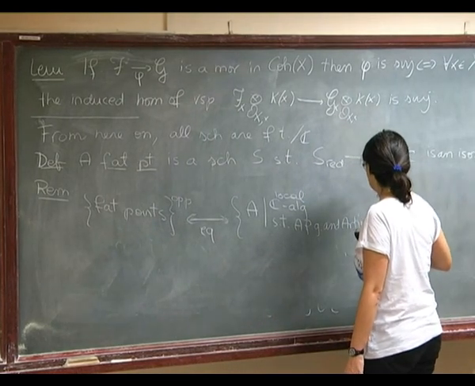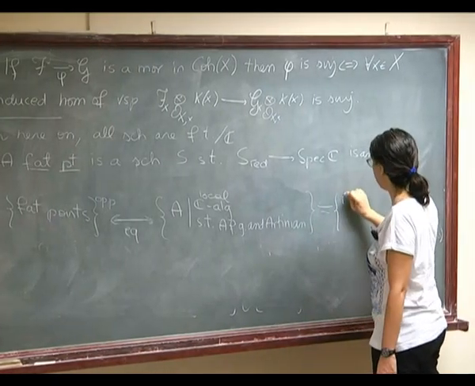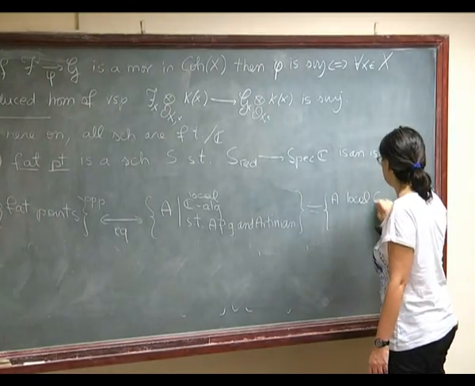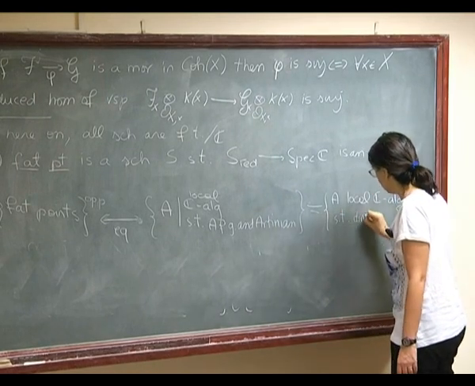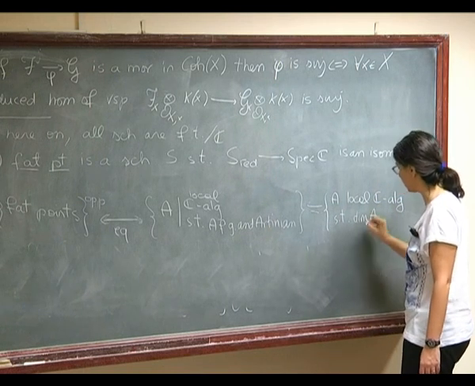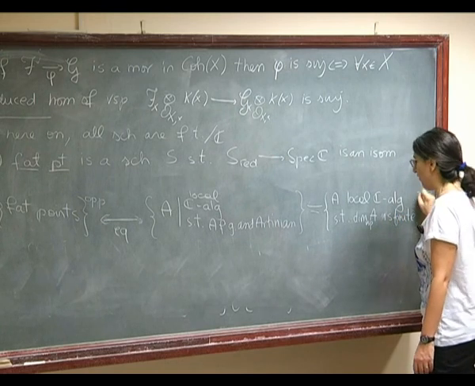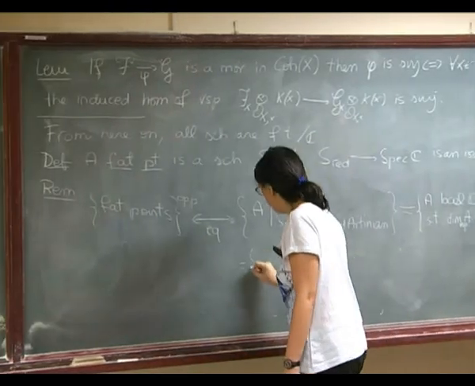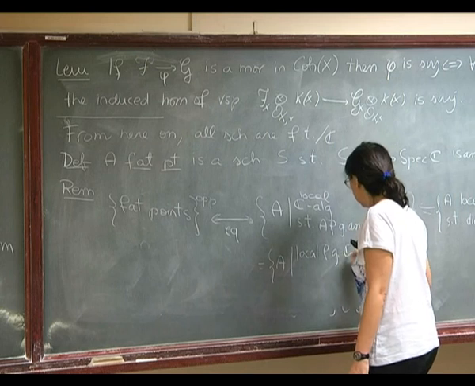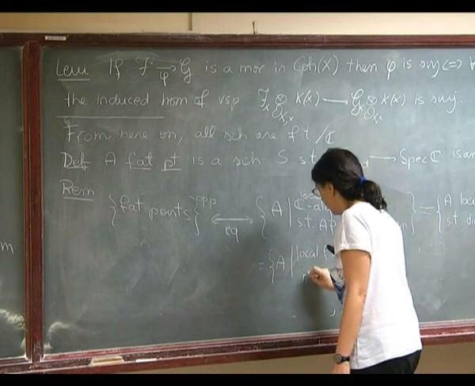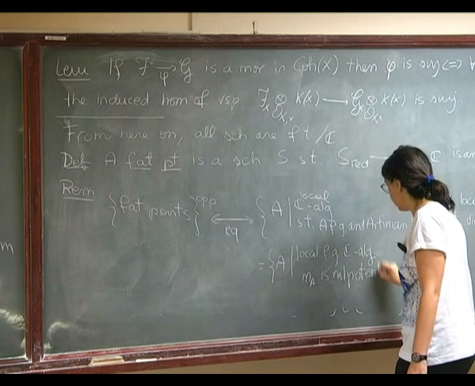This is probably redundant. Or if you want, local C-algebras such that the dimension as a vector space of A is finite. Or this is also local finitely generated C-algebras such that the maximal ideal is nilpotent.